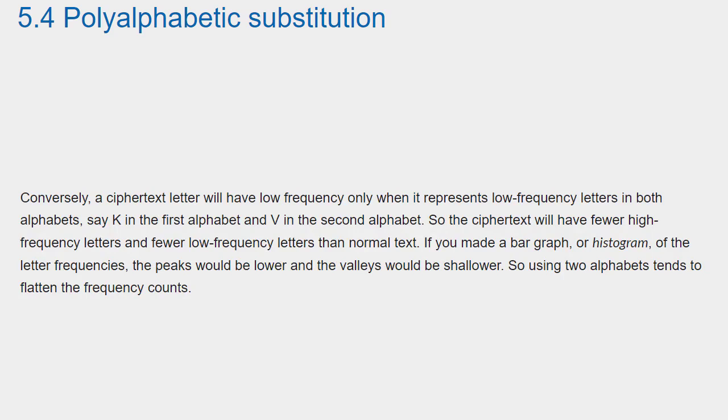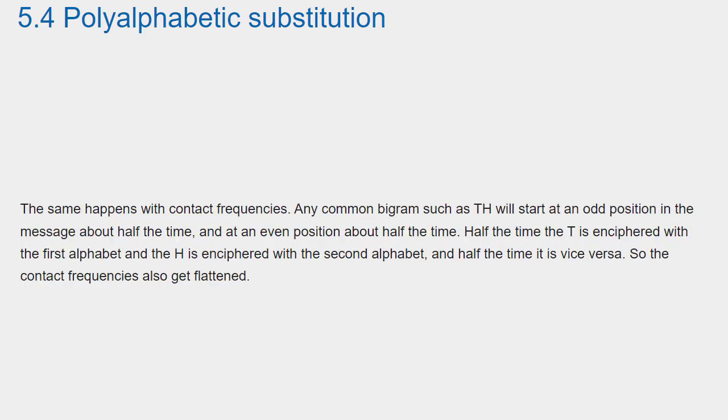Conversely, a ciphertext letter will have low frequency only when it represents low-frequency letters in both alphabets, say K in the first alphabet and V in the second alphabet. So the ciphertext will have fewer high-frequency letters and fewer low-frequency letters than normal text. If you made a bar graph or histogram of the letter frequencies, the peaks would be lower and the valleys would be shallower. So using two alphabets tends to flatten the frequency counts.